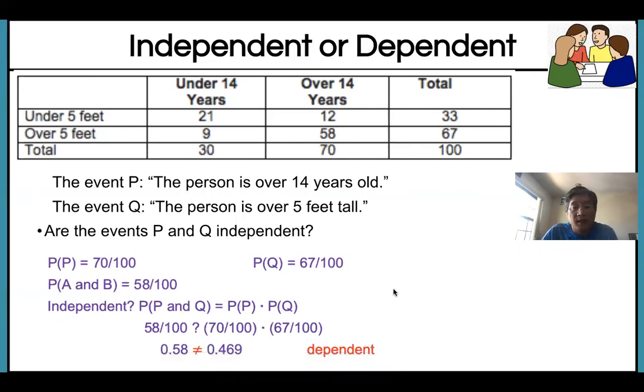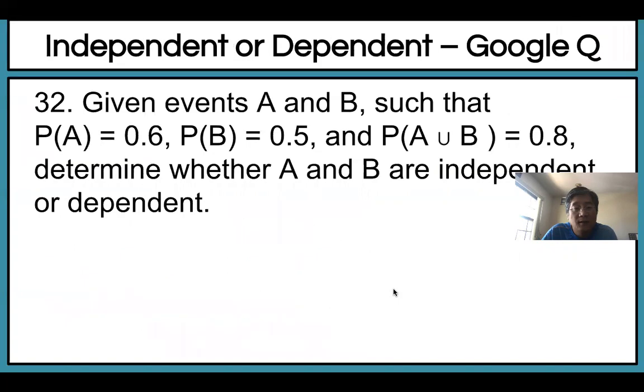Does everybody understand? Likewise, now we have another one that looks a little bit different. In this case, how do you say A and B are independent or dependent? We have a probability of A, we have a probability of B. Do we have a probability of A intersection B?